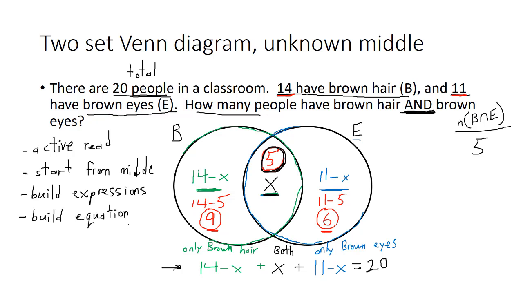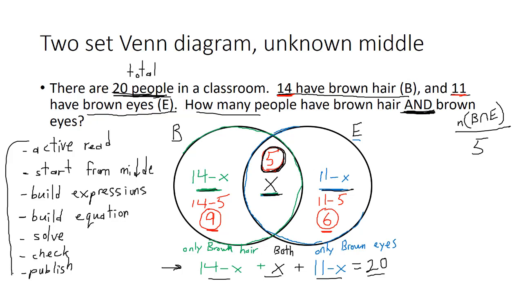That's where we take all of the sectors and add them up to give us the total. Then we solve. You have the ability to check your work and make sure you publish the actual answer that they're looking for. We'll come back and review these steps again. Looks like a lot of steps, but that breaks it down fairly clearly.